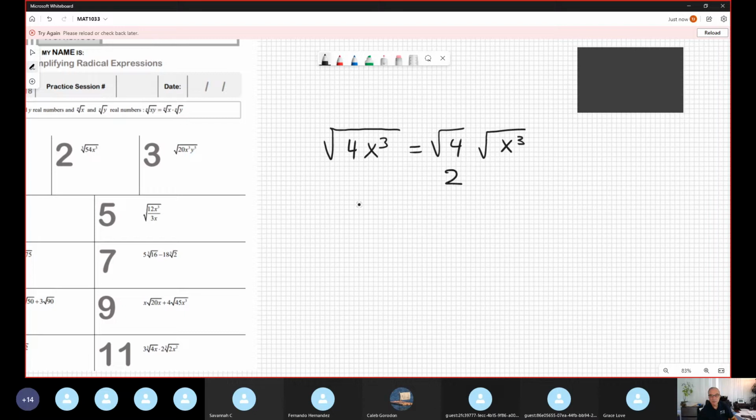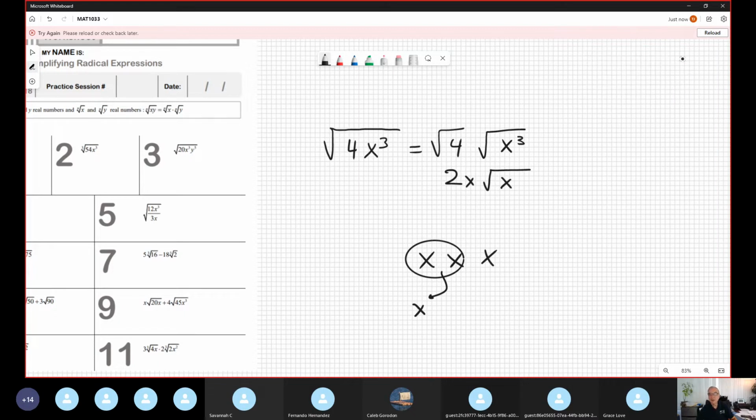This is 2. But remember, 1, 2, and 3, and use simplification by couples. This couple represents 1 x outside, and this x stays inside. Makes sense, right? Another way to visualize this, x cubed, you split in x squared and x.